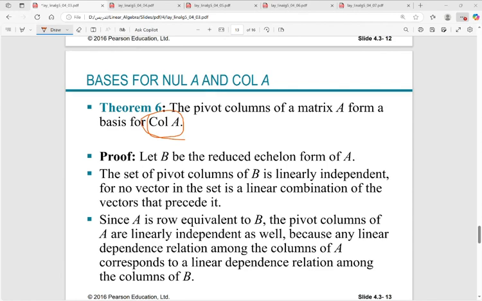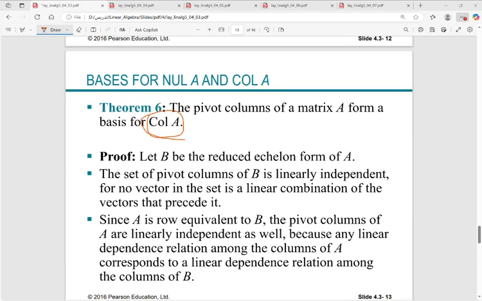The set of all vectors that are mapped to 0 by A. The set of all solutions of Ax equals 0. This is called Null A, or null space of A. I repeat it: Null A, or null space of A, is the set of all solutions of Ax equals 0, right?